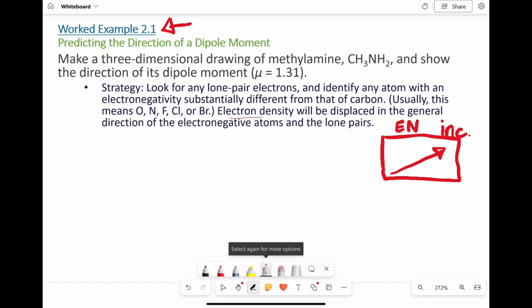So we know that electron density will be displaced in the general direction of the electronegative atoms, meaning that they will have the electrons around them. They're hogging it. Remember, that's how I like to say it.